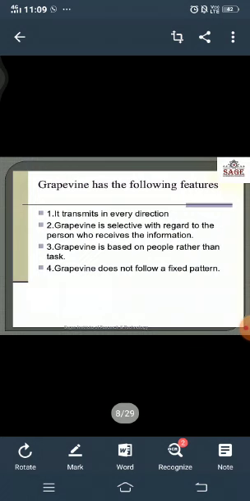Now, the grapevine has the following features. It transmits in every direction, and we don't know the source of it. Like a few years back we heard that all the idols of god were drinking milk, and it spread like fire all over the country. On every news channel we could see people going to the temple and feeding milk to the idol of the lord.